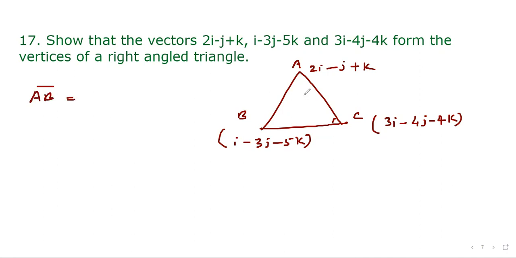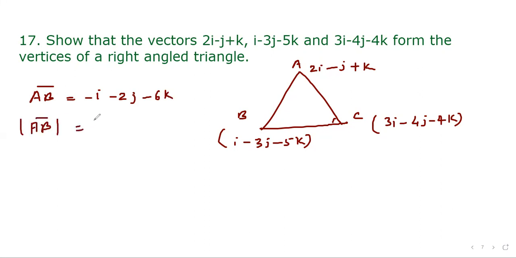Vector AB means difference in coefficients, B minus A. So B minus A means i minus 2i, that will give minus i, then minus 3j plus j, so it will be minus 2j, then minus 5k minus k, so minus 6k.